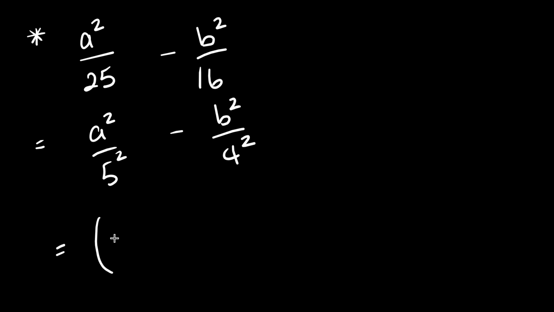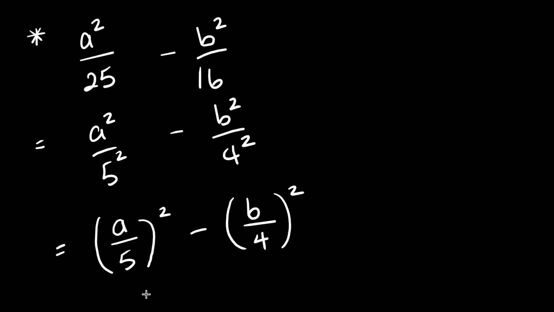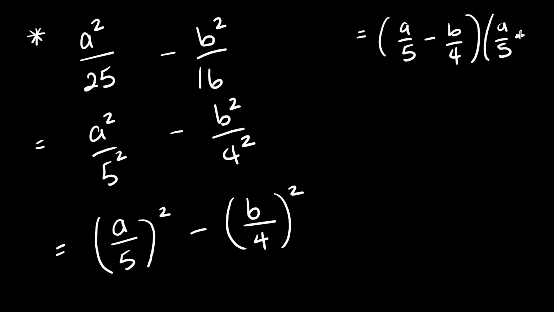And that means our squares are effectively a over 5, all squared, minus, this is a b, promise, b over 4, all squared. And so our factorization is a over 5 minus b over 4 times a over 5 plus b over 4. And we're good to go.